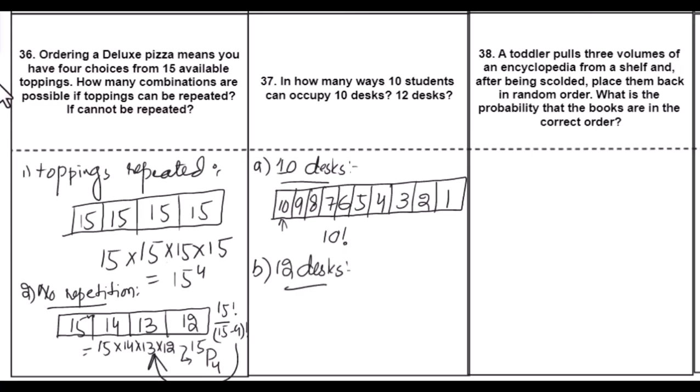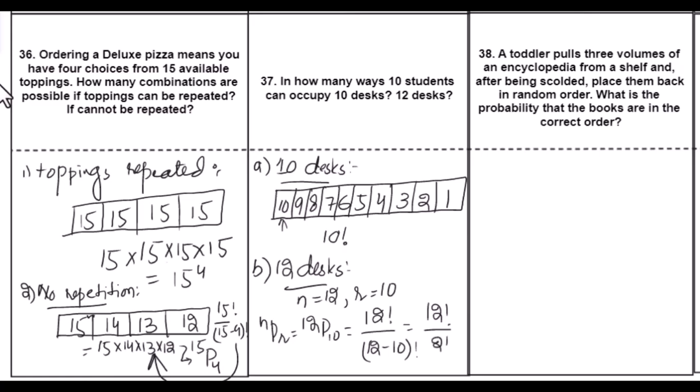Similarly in part B, where 10 students have to occupy the 12 desks, this is a permutation problem, in which the number of desks n is 12 and r is 10. So nPr is 12P10, which is 12 factorial divided by (12 minus 10) factorial, or 12 factorial divided by 2 factorial.